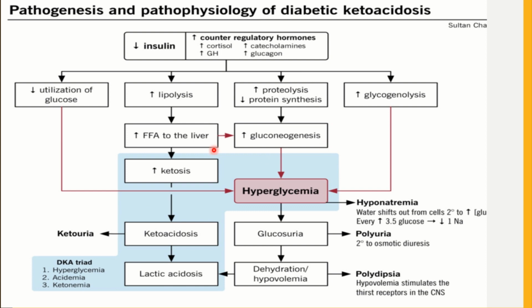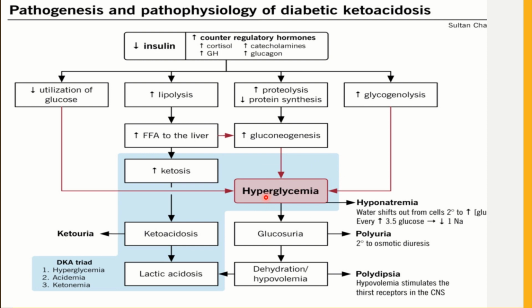We know that gluconeogenesis is the production of glucose from non-glucose substances such as fat and protein. So an increased amount of extra amino acids and increased amount of free fatty acids will lead to gluconeogenesis, and all these ultimately will lead to hyperglycemia. So that is why a patient with diabetic ketoacidosis presents with hyperglycemia.